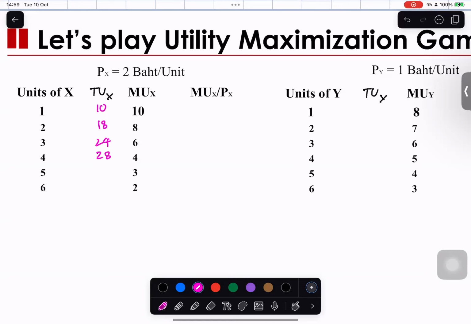And now you can go on. Easy. Let's do TUY then: 8, 15, 21, 26, 30, 33.